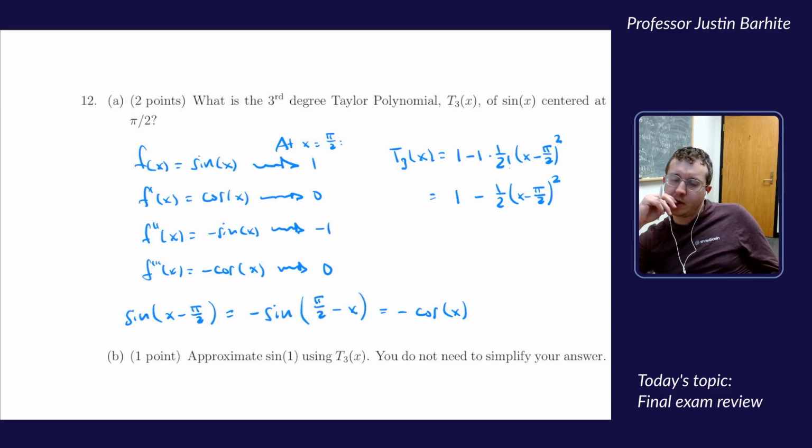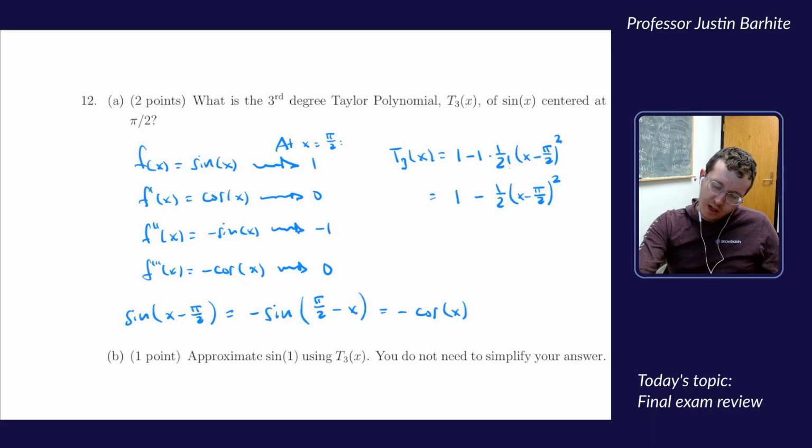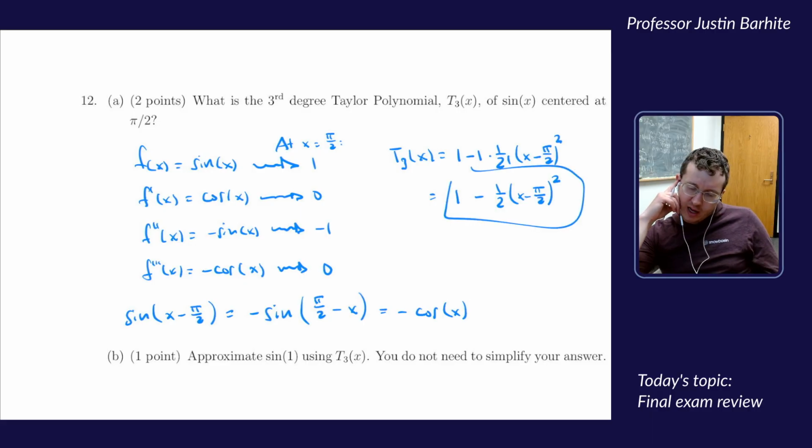I wanted to use the power series for cosine of x. So this 1 over 1 minus 1/2 times x minus pi over 2 squared really looks like the first couple terms of cosine of x just shifted.